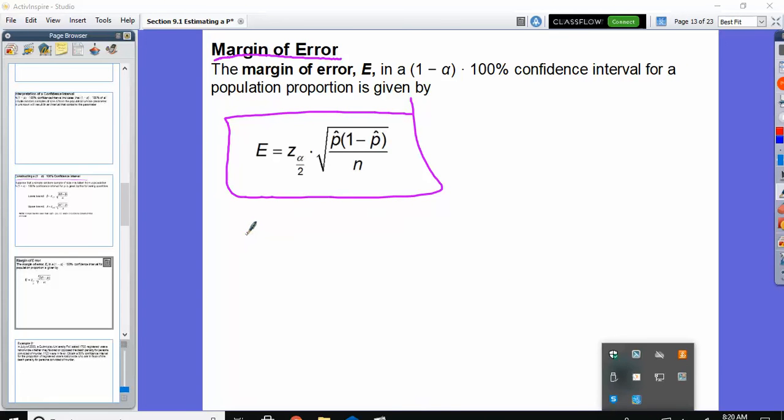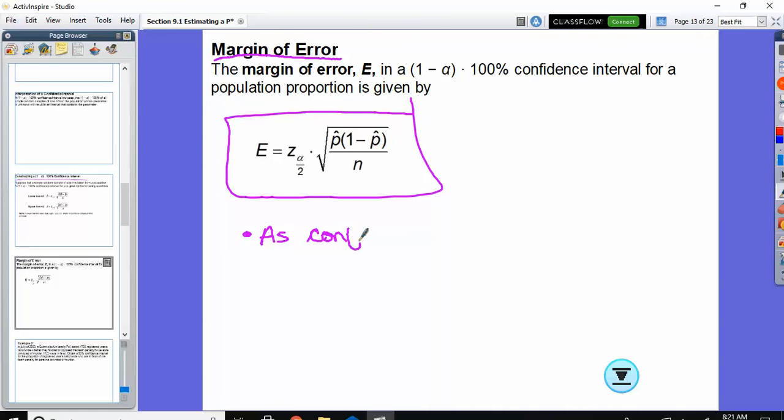Margin of error is impacted by a few different things. As the confidence level increases, so does the margin of error.